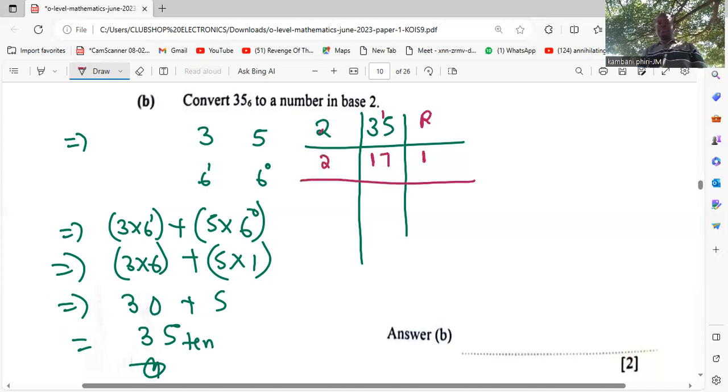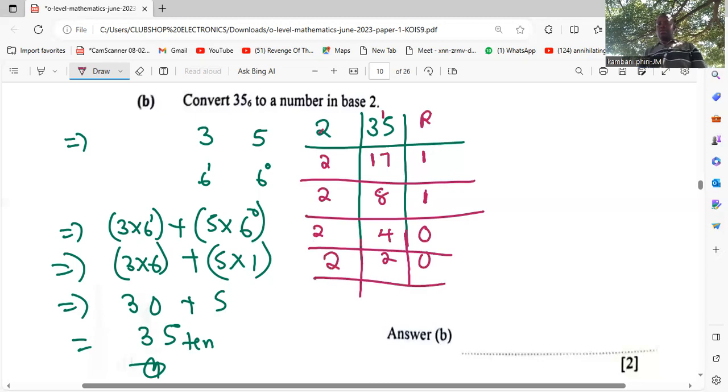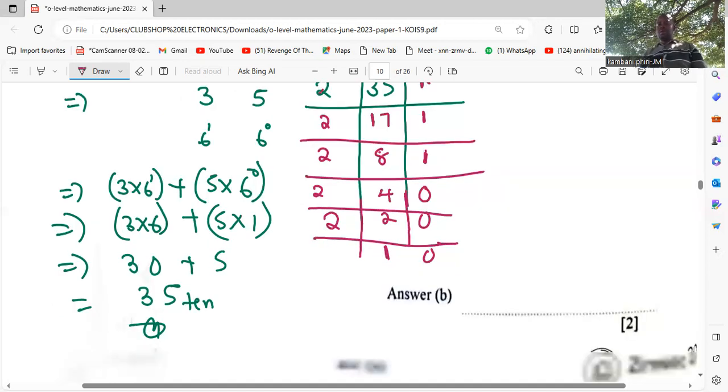Then we pick 2 again. So 2 into 17 is 8, remainder 1. Bring 2 now. Because it is in base 2, the answer should be 0 or 1. It means 0, and you alternate. So 2 into 8, 4, remainder 0. Bring 2. 2 into 4, 2, remainder 0. Bring 2. 2 into 2, 1, remainder 0. And 2 into 1 is 0, remainder 1.